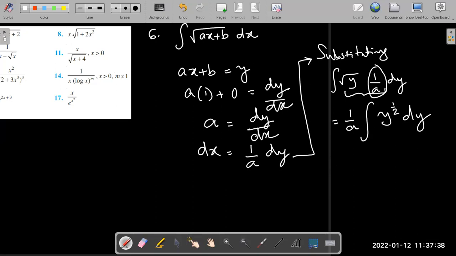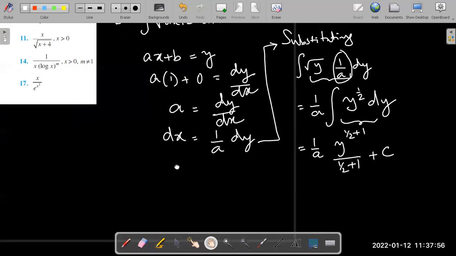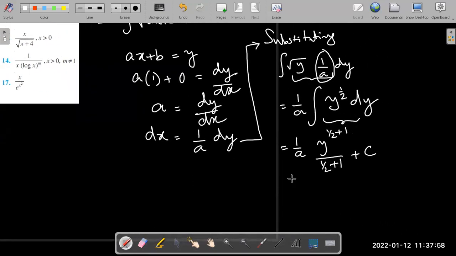So 1 by a, and when you integrate this applying the rule, you get y to the power of half plus 1 divided by half plus 1, plus c. This is 3 by 2, and that's also 3 by 2.